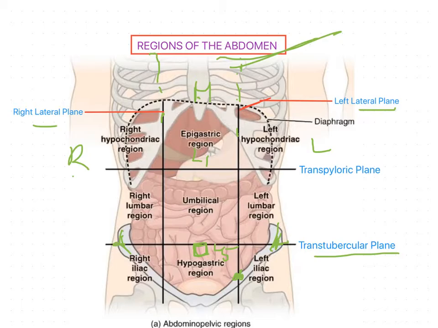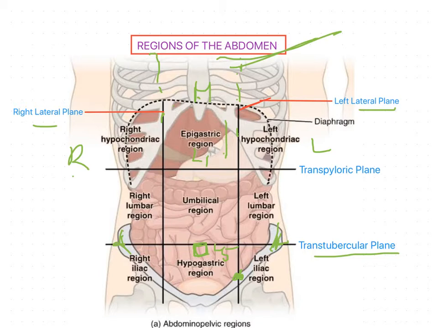From above downwards, the names given to the regions in the median vertical zone are as follows. The uppermost region is called the epigastric region, where epi means above the stomach or belly. The next one is the umbilical region, which surrounds the umbilicus.